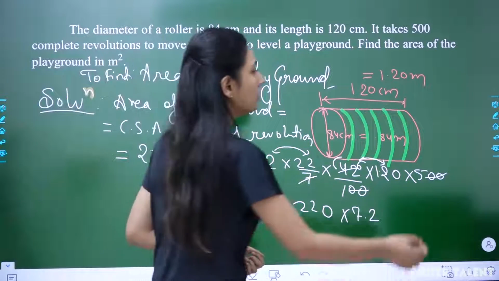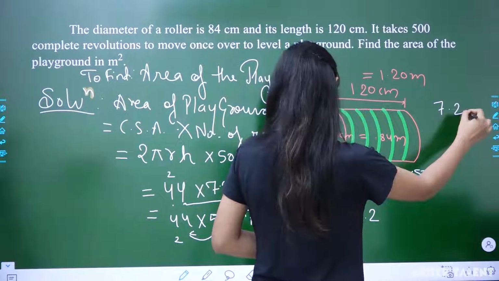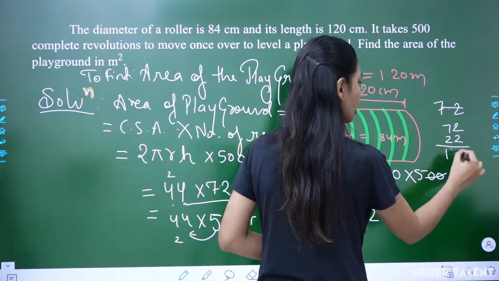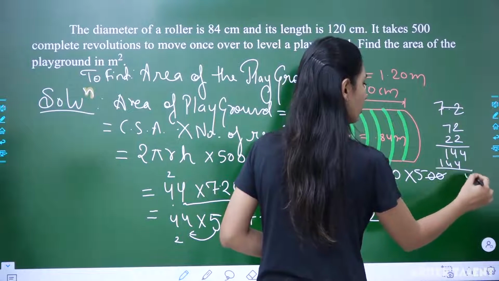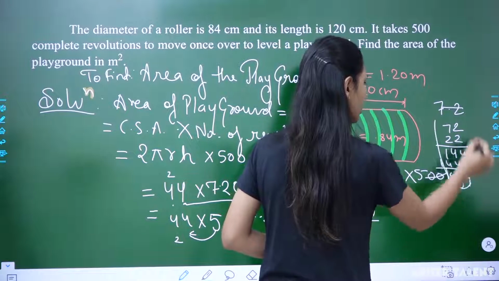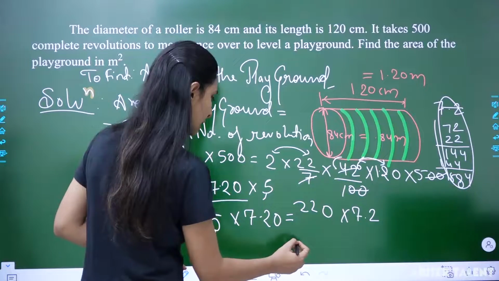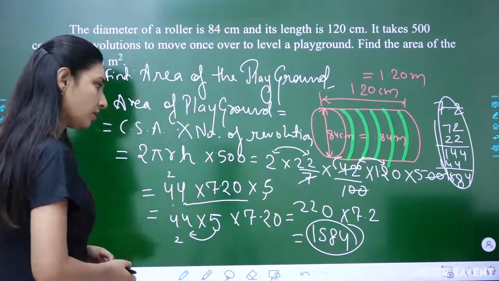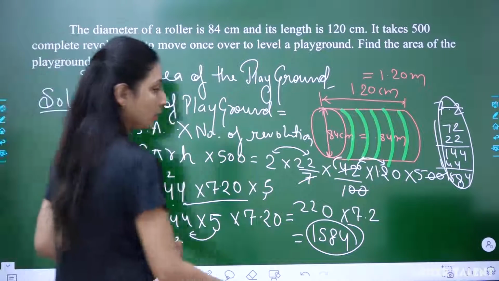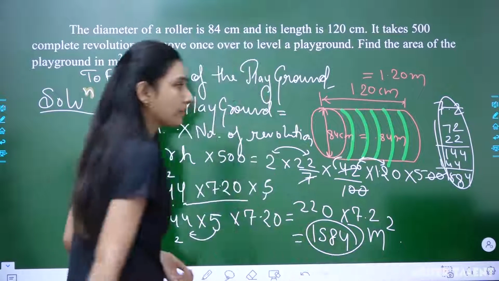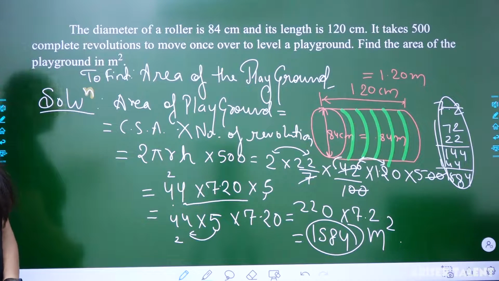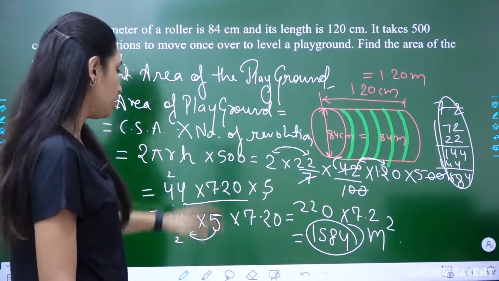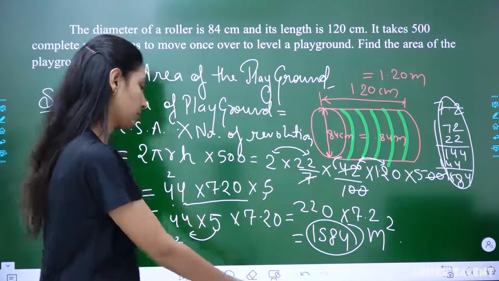Now do the calculation. 7.2 by 22 gives 1584, right, in meter squares. Understood? So this will be your answer. Note it.